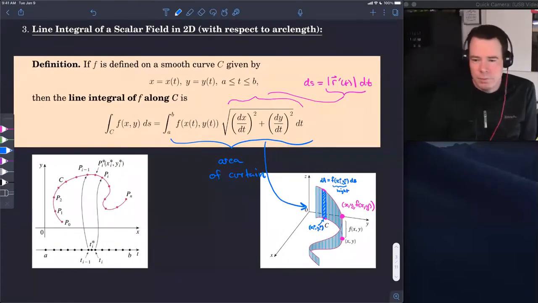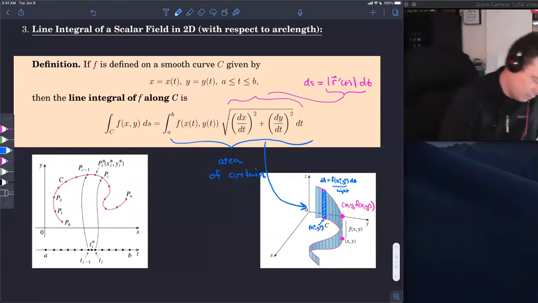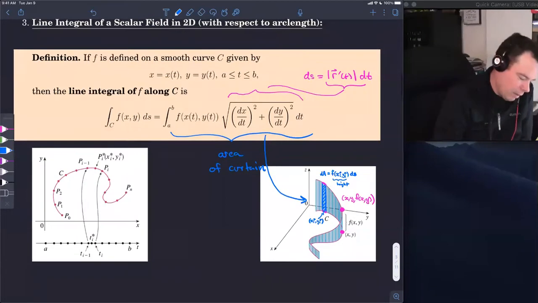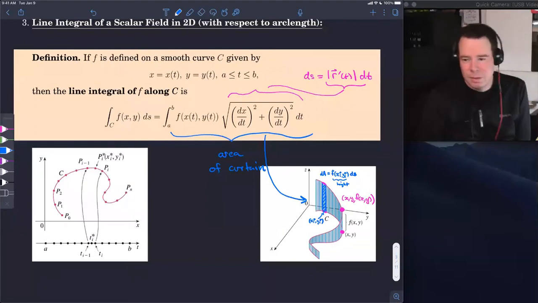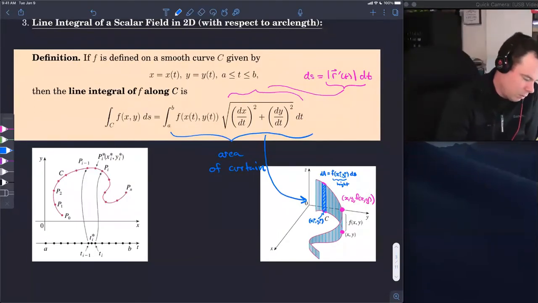The integral of f of x, y ds, and then we just replace ds with its expression in terms of t. So this is the line integral of a scalar function. Now I've expressed it in terms of areas, but it doesn't have to be. We'll see examples of other interpretations.